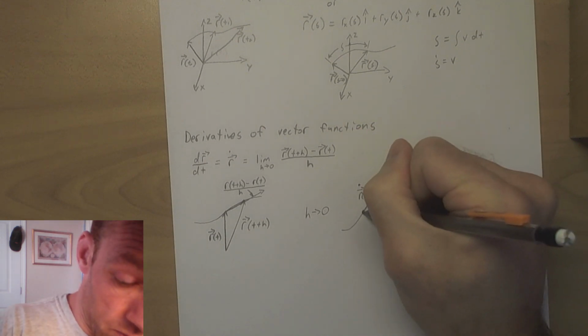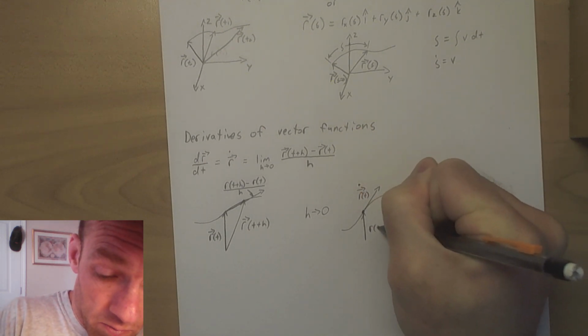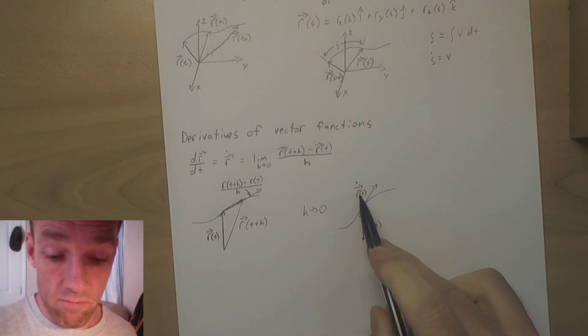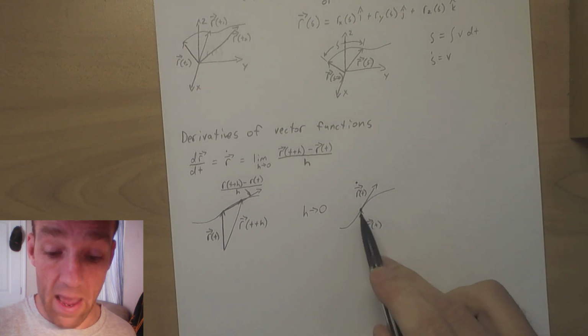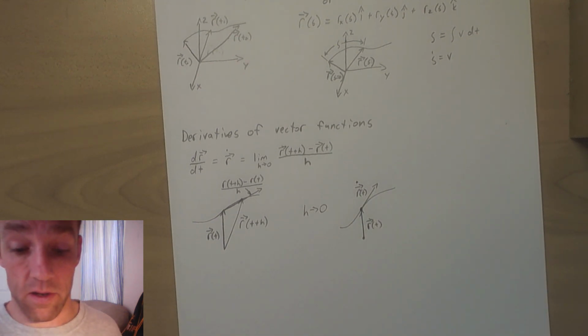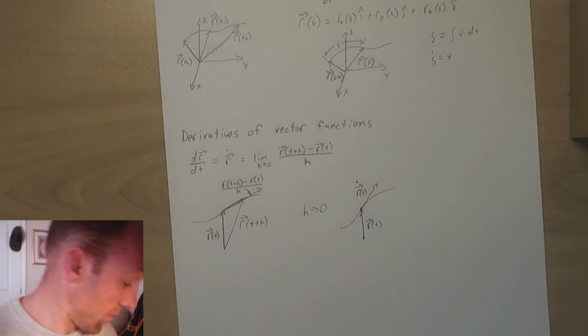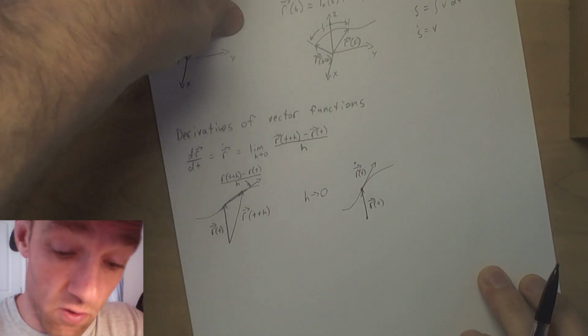So at position r of t, r dot t is tangent to the path at r of t. Okay, that's great.